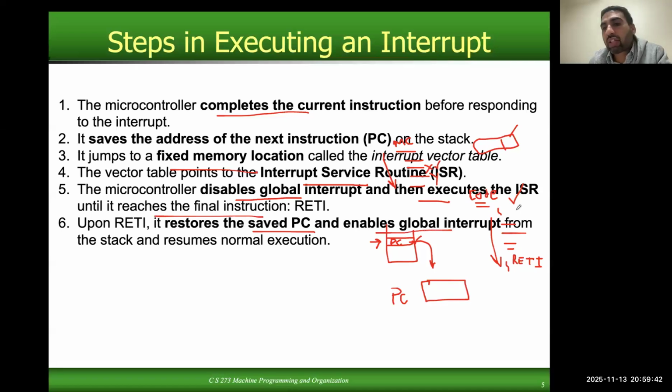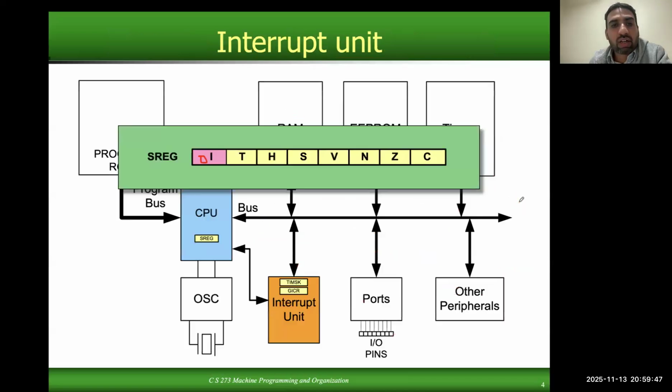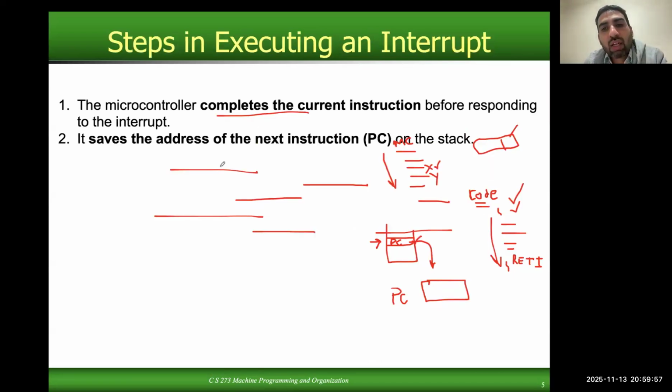Remember, when it started executing the code of the ISR, it disabled the global interrupts by putting 0 here. Now it will put 1 back here to enable the interrupts. Why was it disabled before starting the execution of the ISR? To make sure that when it is serving the current interrupt, no other interrupt arrives, or even if it has arrived, it will not be taken care of.